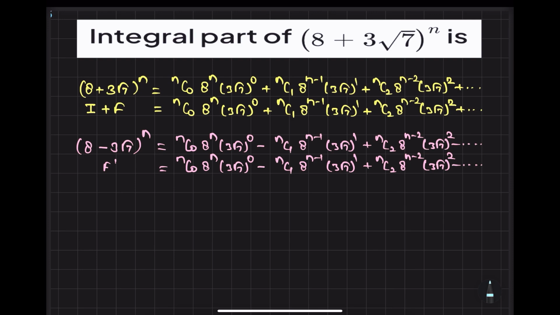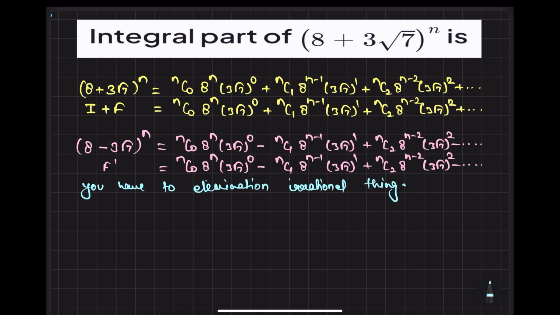Now the part is you have to eliminate the irrational thing. Okay, you have to eliminate what? Irrational thing.